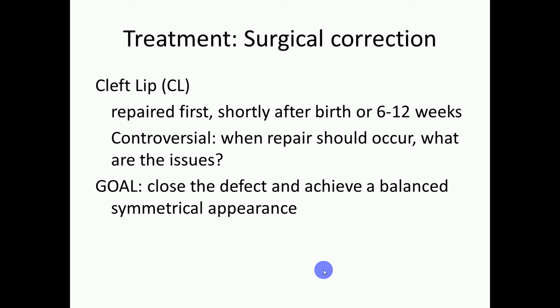For those who say wait 6 to 12 weeks, they say by that time they're more stable, and sometimes they'll even go by the rule of tens: at least 10 weeks old, weigh 10 pounds, and have a hemoglobin of 10. The goal, no matter what, is to close that defect and achieve a balanced, symmetrical appearance.